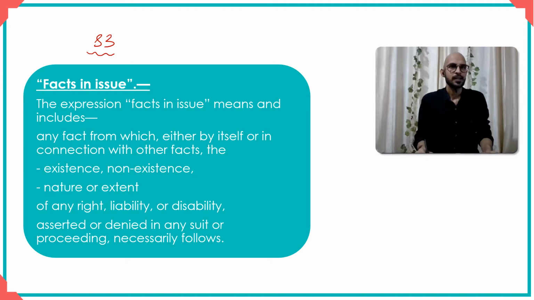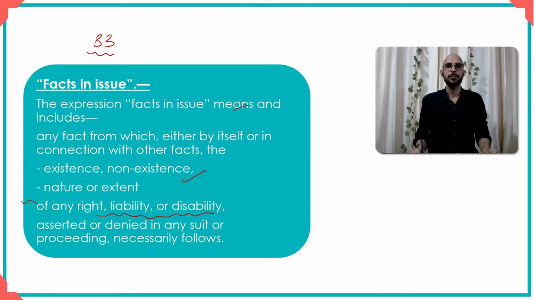So the expression facts in issue means and includes any fact from which, either by itself or in connection with other facts, the existence or non-existence, nature or extent of any right, liability or disability asserted or denied in any suit or proceeding necessarily follows.